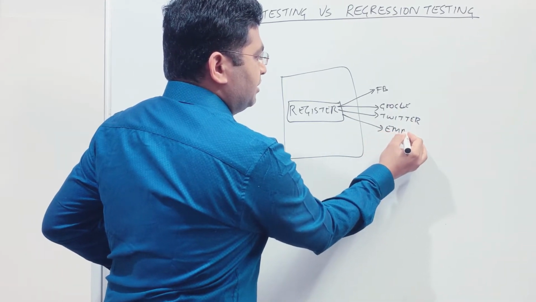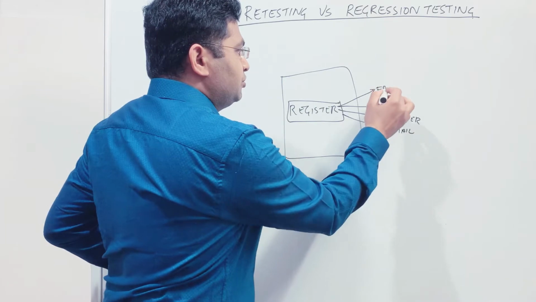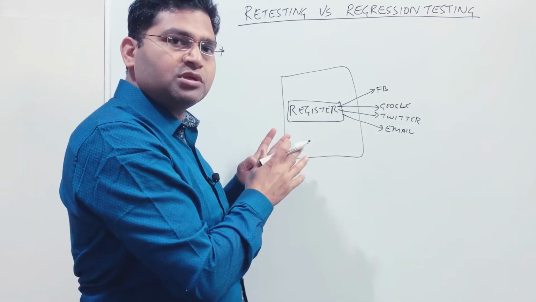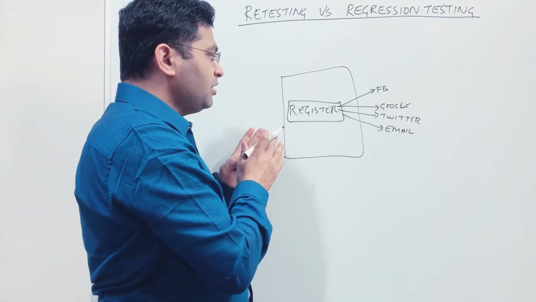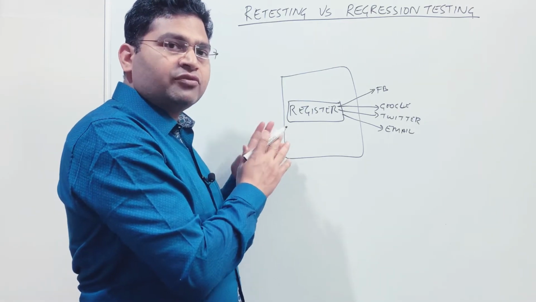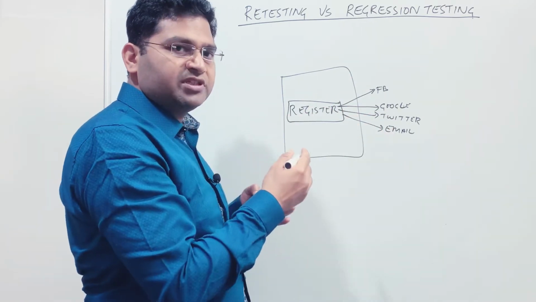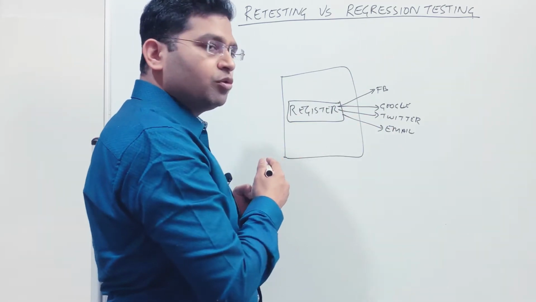Say for example, as part of your project, you have to build an e-commerce portal, and in the e-commerce portal you have to provide the functionality of registration with these four different types of registration capabilities.